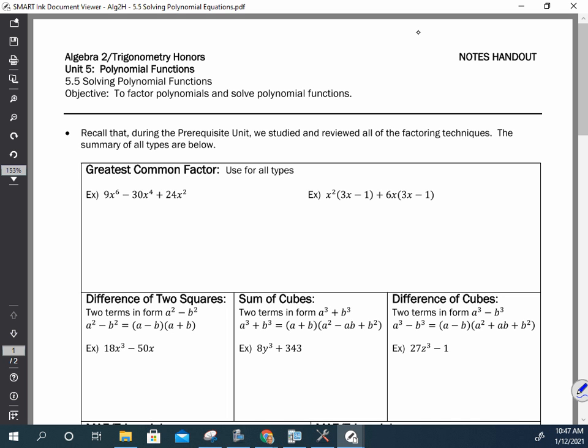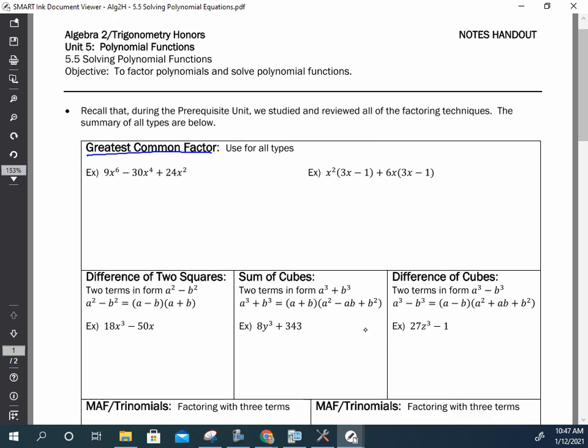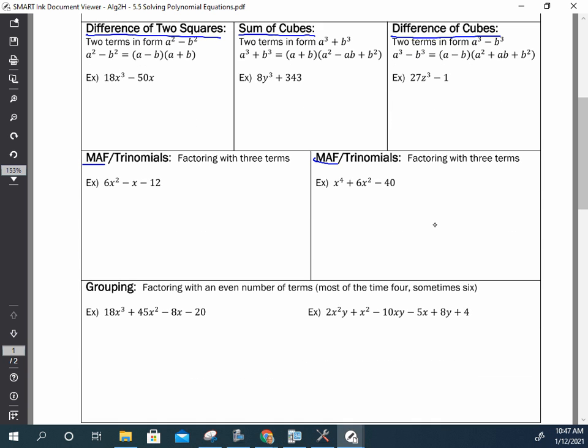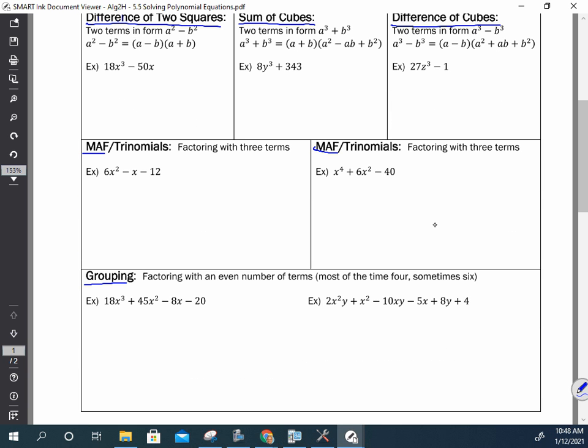So greatest common factor, which goes for any type of factoring, difference of two squares, sum of cubes, difference of cubes, MAF, and grouping. So those are the major types of factoring.